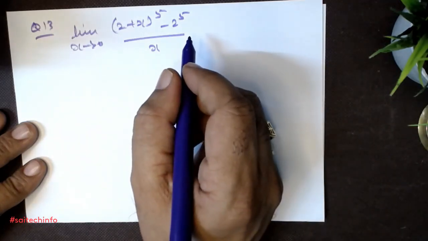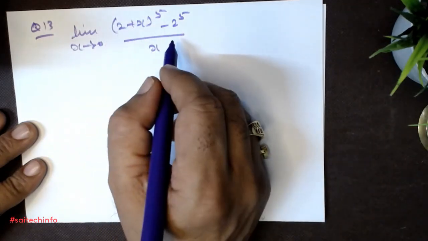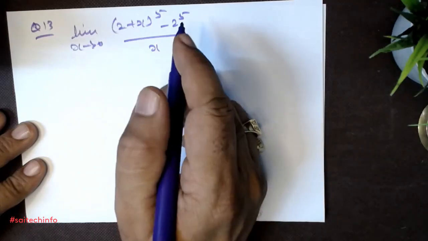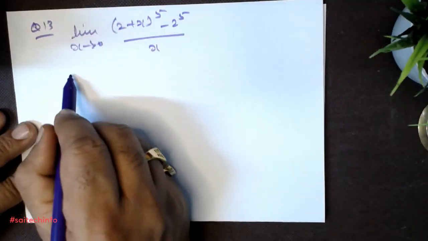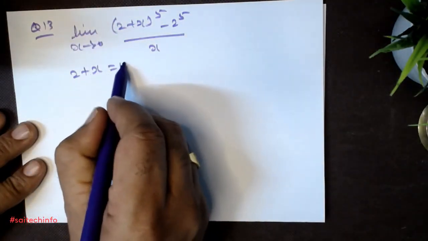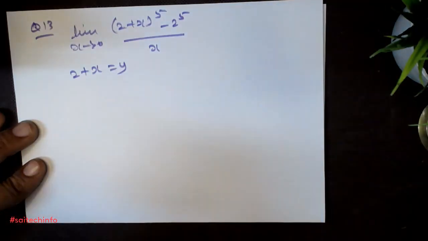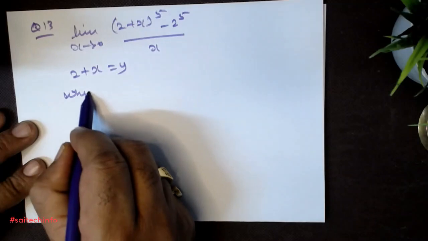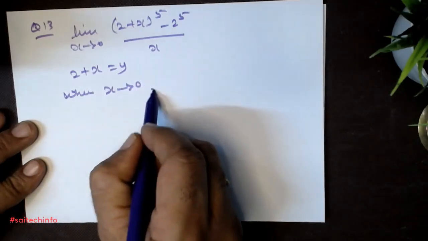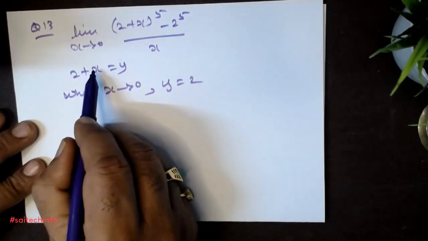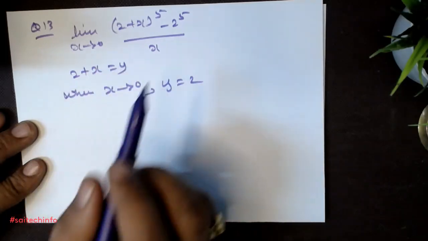Okay, so you have to solve using the same formula, but for your convenience you can put 2 plus x is equal to y, is it not? So when 2 plus x is equal to y, and when x tends to 0, y is equal to 2, is it not? 0 means y is equal to 2.